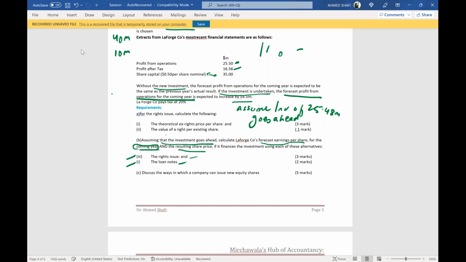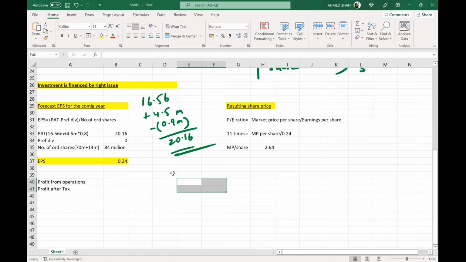Others should follow my strategy. If you see, the profit from operations was 25.5 million and the profit after tax was 16.56 million. This was the data given.